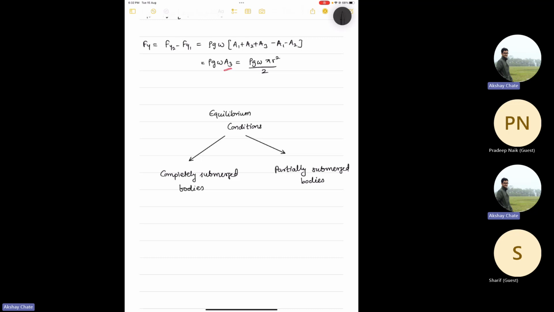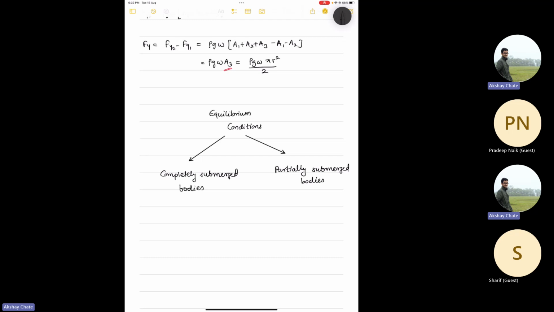So what Archimedes principle says is that if any body is in equilibrium in the fluid, then the weight of the body is balanced by the net vertical hydrostatic force, which we call buoyancy, and it is equal to the weight of the fluid that is displaced by the body. So this is what Archimedes principle is.